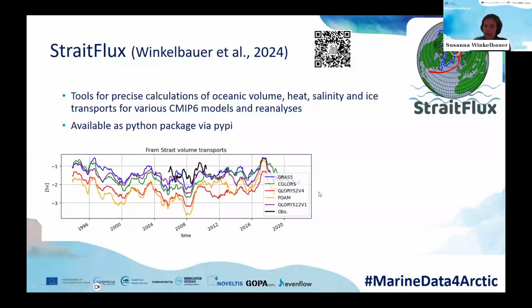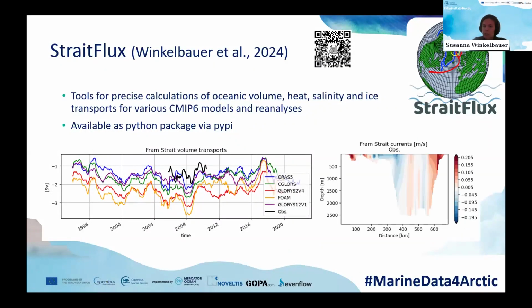And to further assess this, we can use the second function of StraitFlux, which provides us quite nice cross sections of the vertical plane. So here we see the currents that flow in and out of the Arctic via Fram Strait. To the right, we can see the eastern part of Fram Strait. To the left, we can see the western part of Fram Strait.